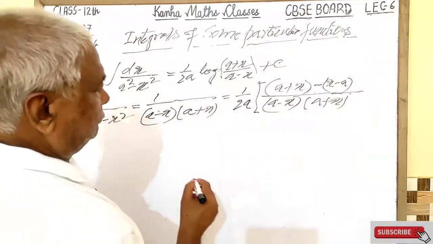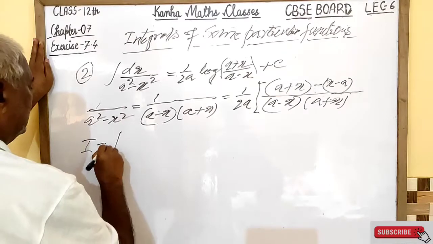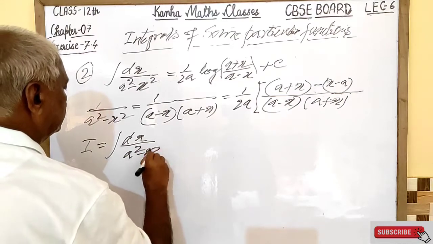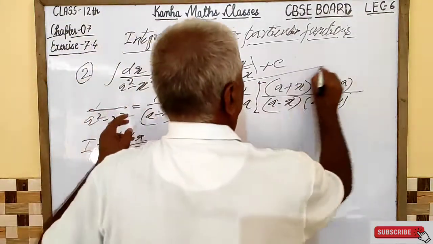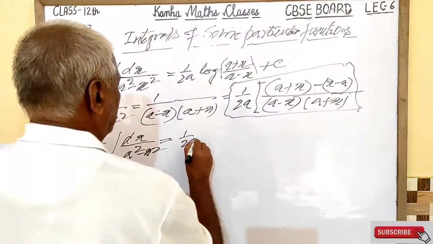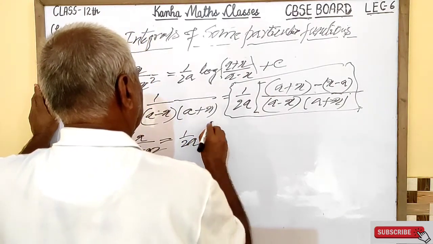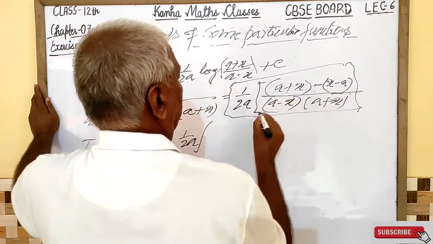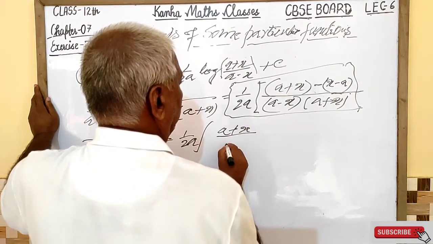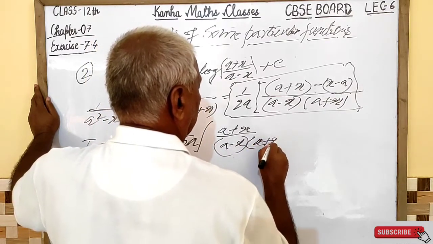Now we may write our requisite integral dx upon a square minus x square in terms of this, 1 upon 2a, this will be equal to a plus x upon a minus x into a plus x.